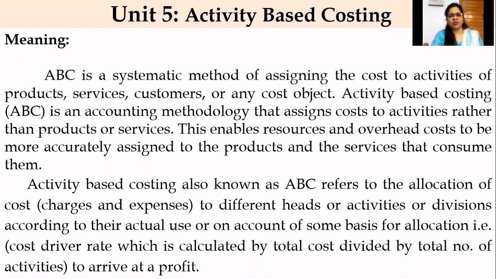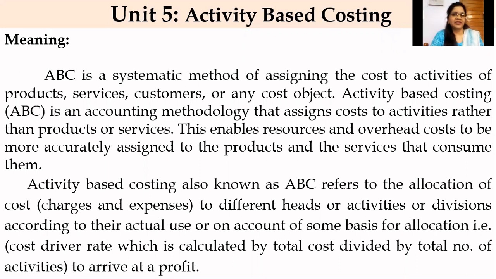They check what all activities are being conducted and what costs are incurred for these activities. According to those activities, the costs are allocated to the activities, and then finally they apply it to the goods or services.